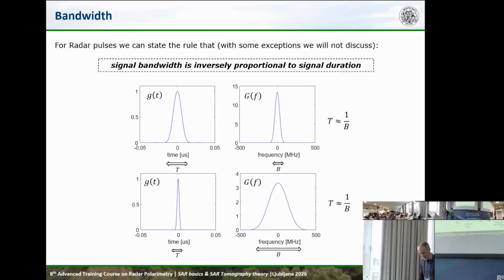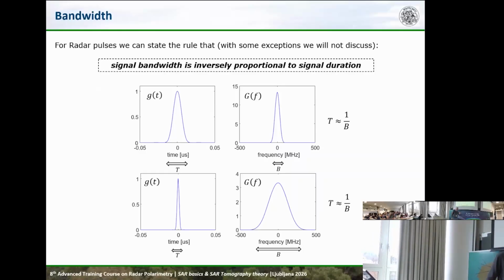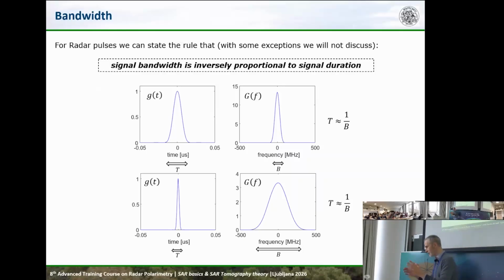Now you see that I'm a bit reluctant because it's easy to find counterexamples, but this would make this lecture too long and technical without any real need. So for today, just accept this, that for radar pulses, the signal bandwidth is inversely proportional to signal duration.